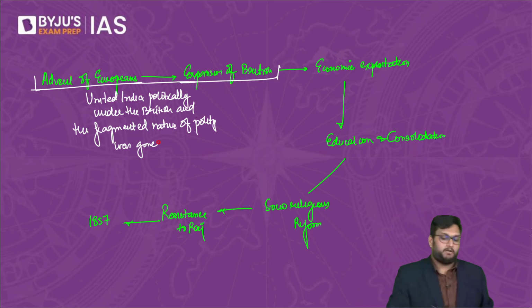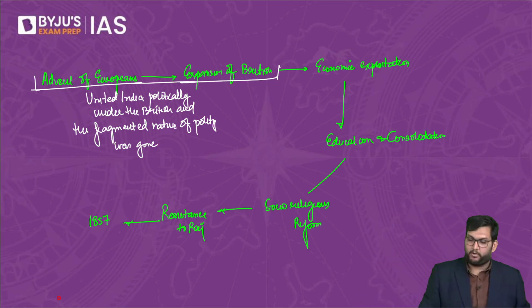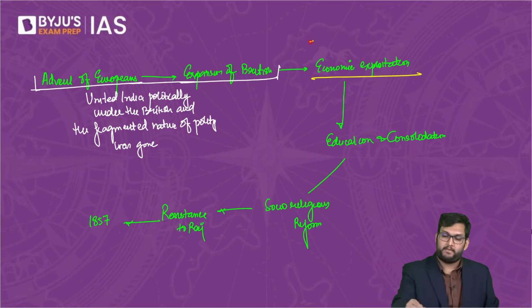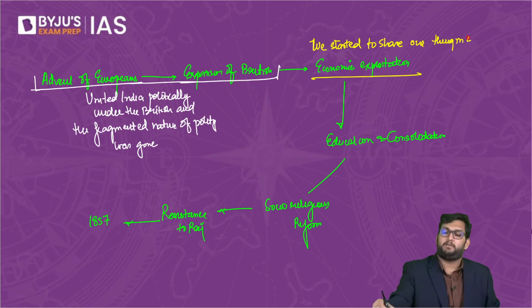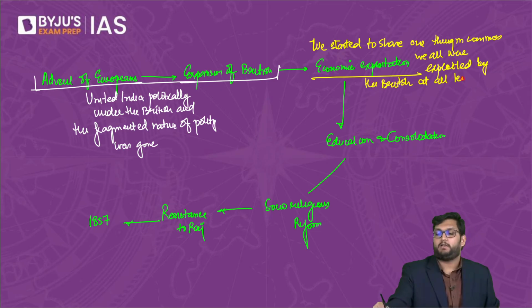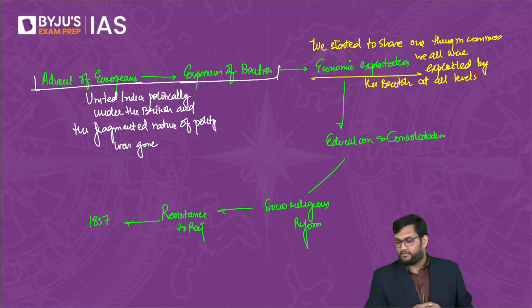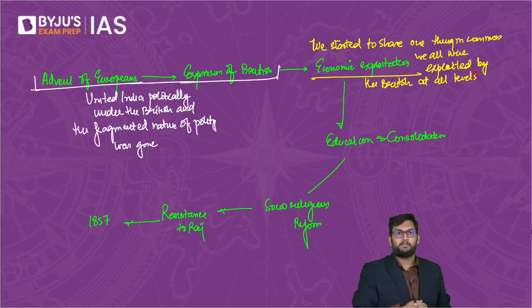Now, the next step was economic exploitation. We started to share one thing in common. We all were exploited by the British at all levels. So now there is shared concept.